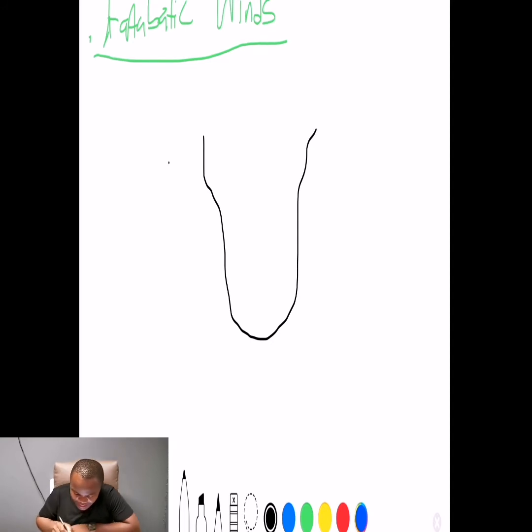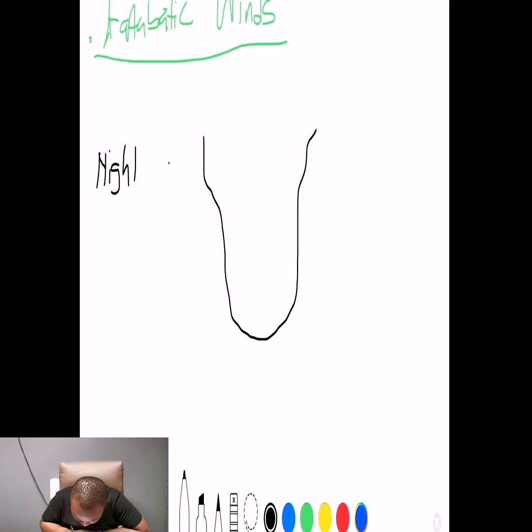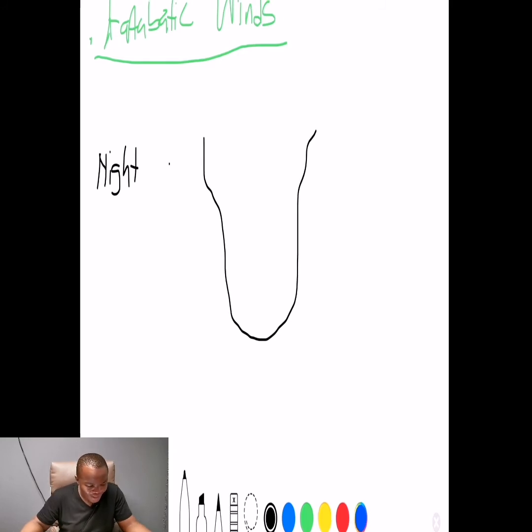katabatic winds occur at night. When we are speaking about the katabatic winds, it refers to the downslope movement of air in the valley at night. So these winds occur at night when the valley slope cools through the earth's radiation.